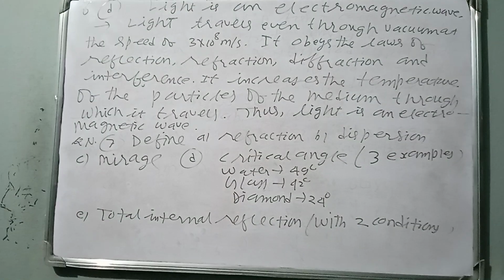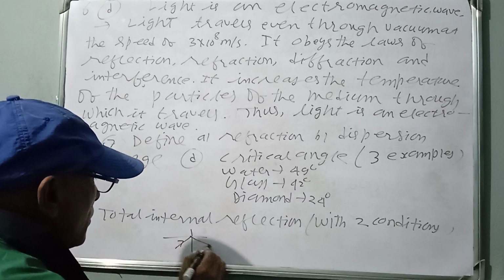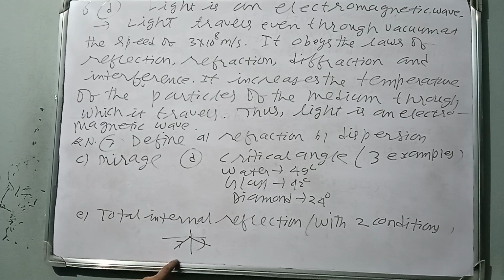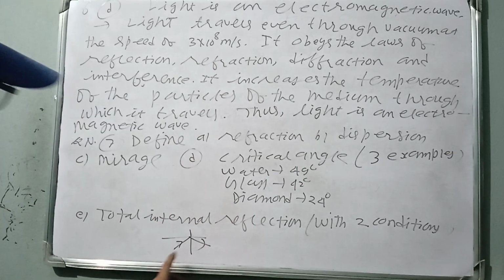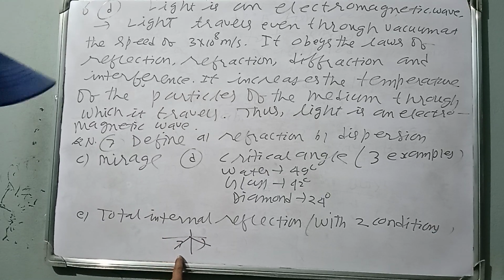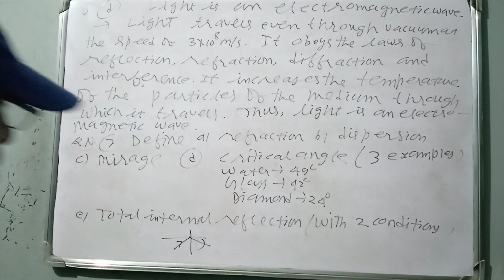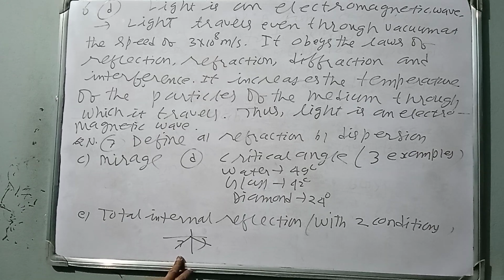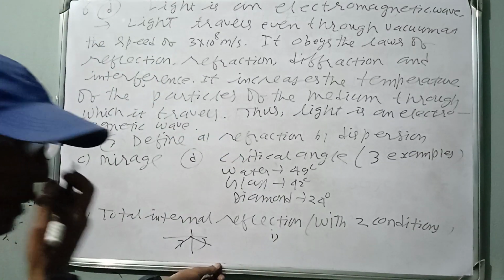Total internal reflection is the phenomenon of returning of the light towards the same denser medium after striking the surface. Two conditions. Condition number 1: the ray must pass from a denser medium to a rarer medium. Condition number 2: the angle of incidence must be greater than the critical angle.